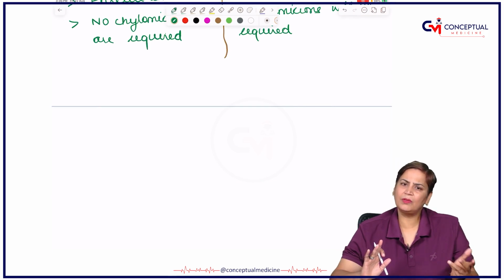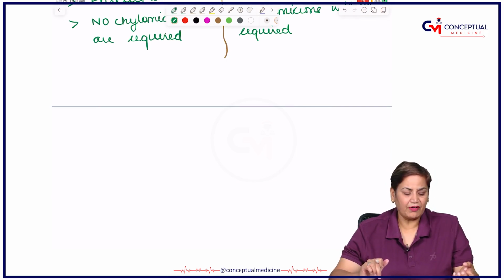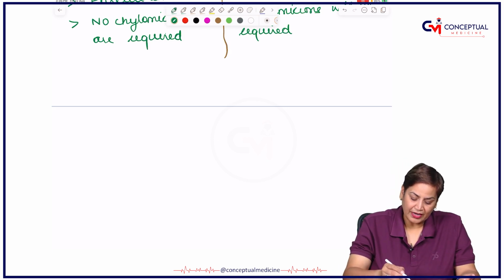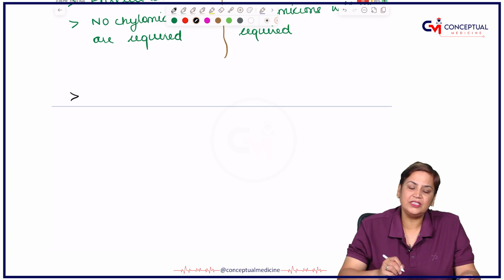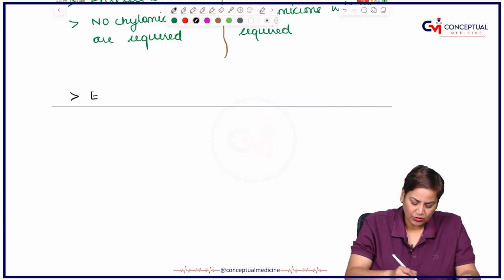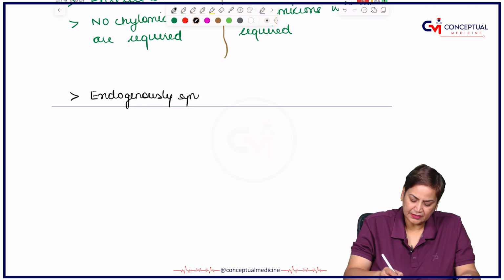Another important point about vitamins to remember is that no doubt we get vitamins from the outside diet, and whenever we are suffering from any disease, vitamins are given as a supplement. But there are certain vitamins which can be synthesized in the body, and those are known as endogenously synthesized vitamins. So what are the endogenously synthesized vitamins?